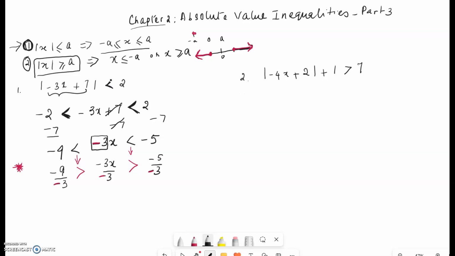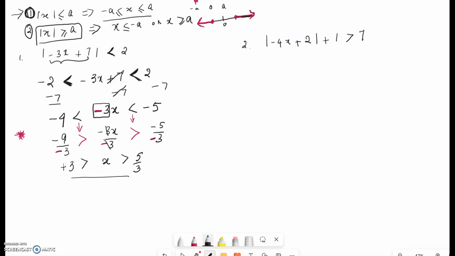So this becomes a positive 3 greater than the negative 3, and the negative 3 becomes a 1. 1 times x is greater than 5/3. The negative signs get cancelled. So this is the inequality.